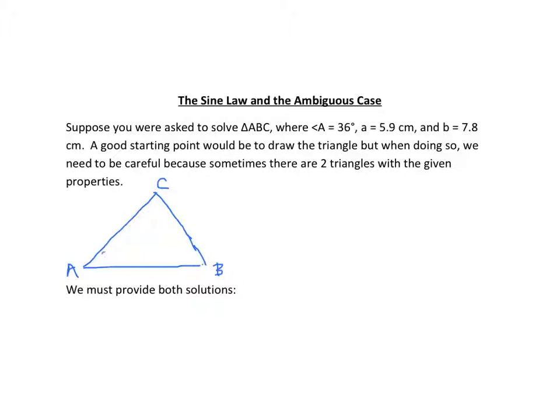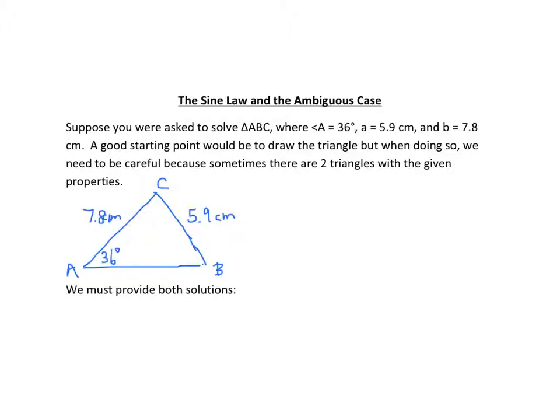And in this triangle, angle A is 36 degrees. And the side across from it is 5.9 centimeters. And side B is 7.8 centimeters. That would be one way I could draw the triangle.